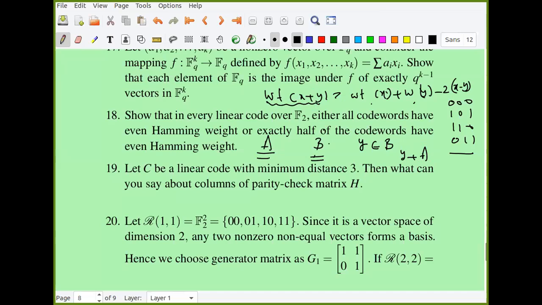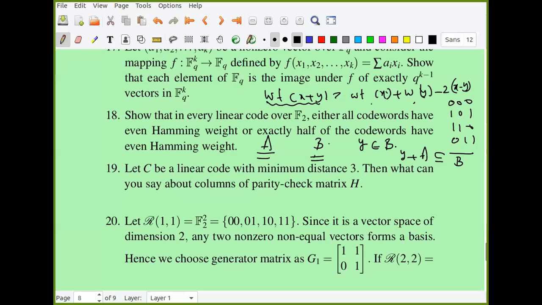But B is the set of all odd vectors, and y plus A consists of odd vectors. What is the relation between y plus A and B? Subset first. B is all odd vectors, y plus A is odd vectors coming from adding y to A, correct?